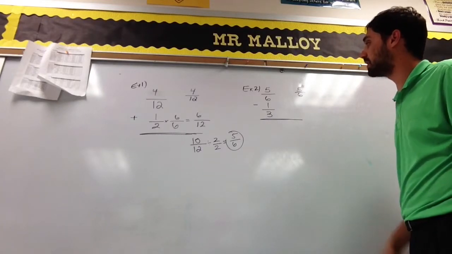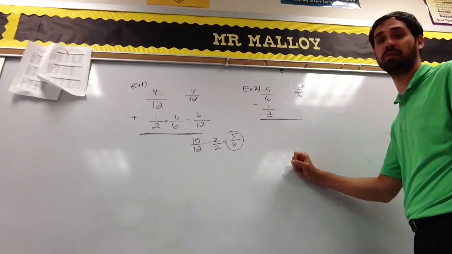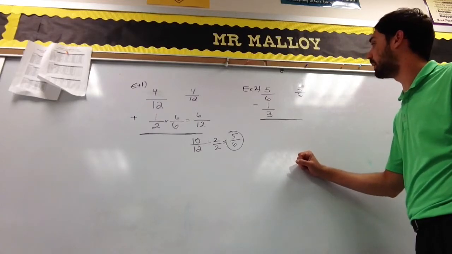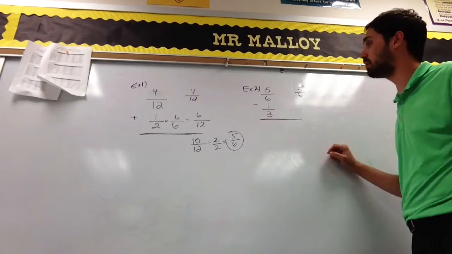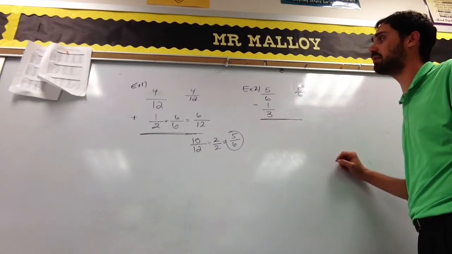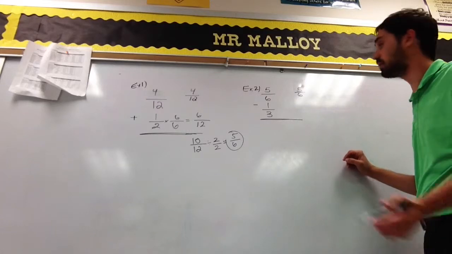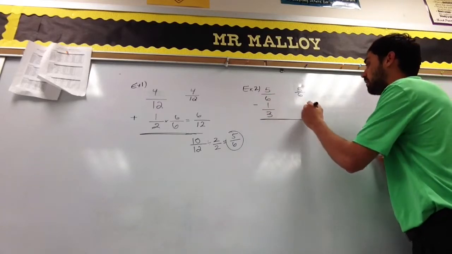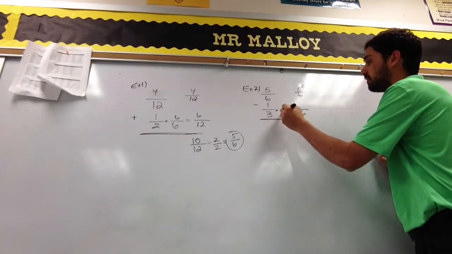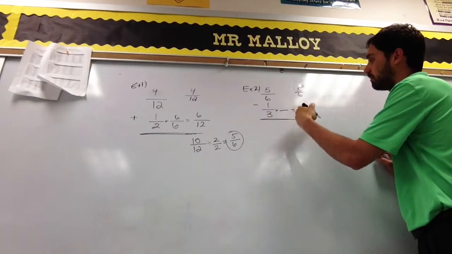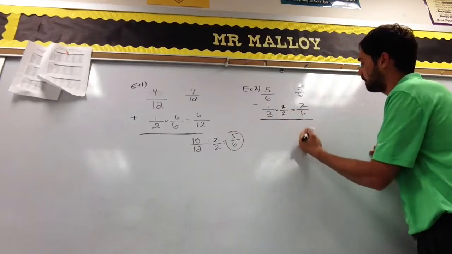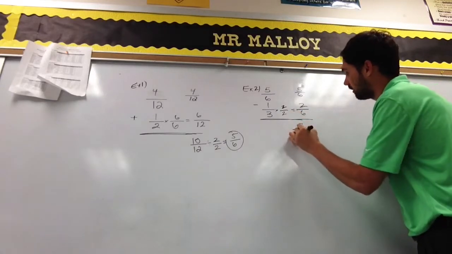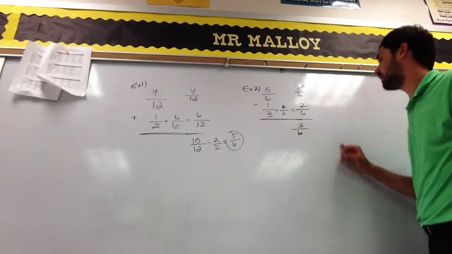It works to our advantage if we can find the smallest denominator that we can use, because smaller numbers are easier to work with, and number 2, it does reduce the chances that we would have to simplify the answer. Okay, so same process. What number times 3 will equal 6? Well, 3 times 2. Okay, so I get 3/6 as my answer.